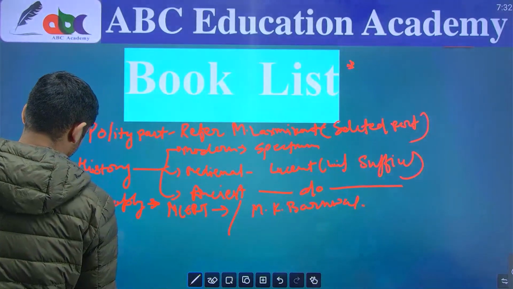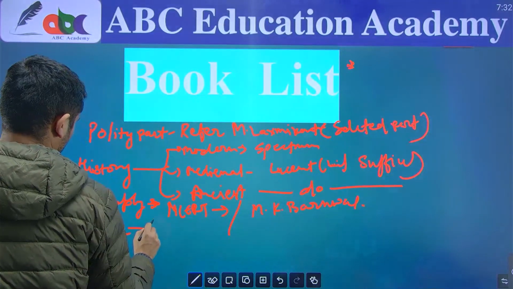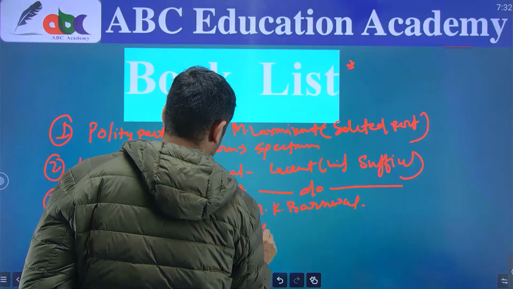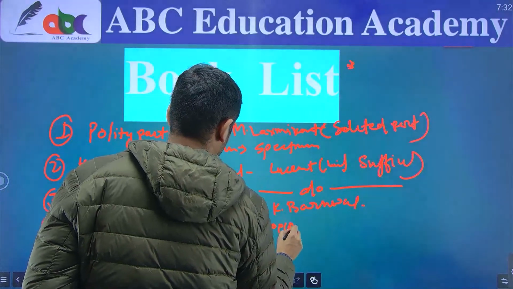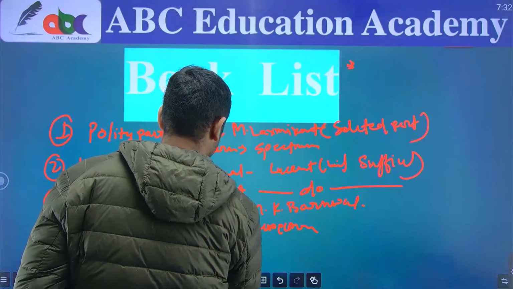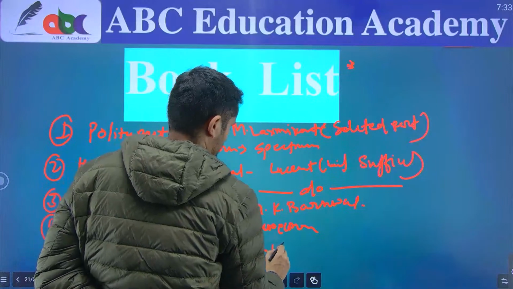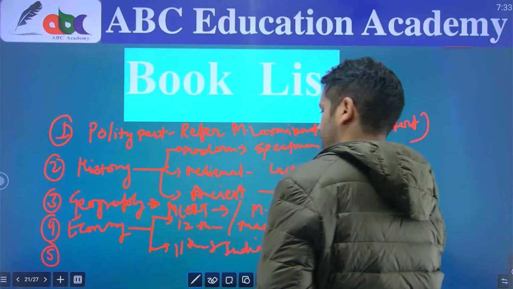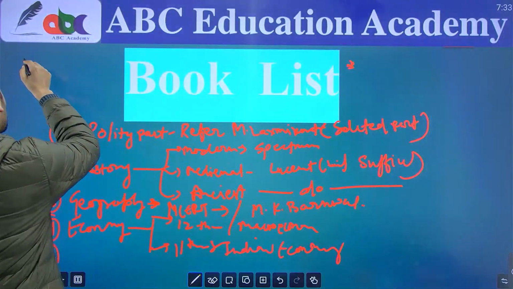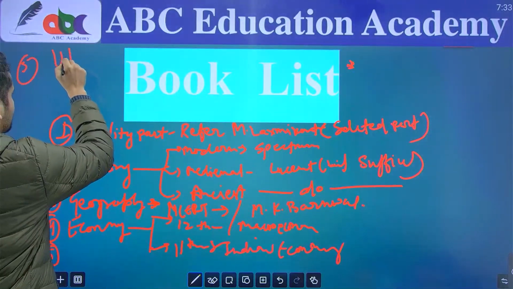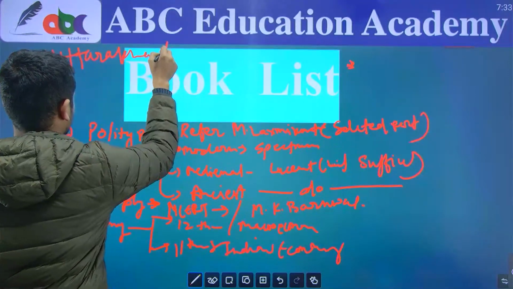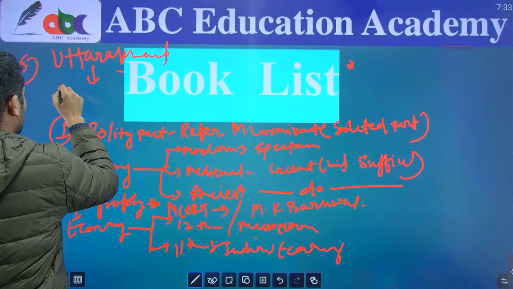Economy, class 12 macroeconomics, and 11th class Indian economy. And most important, that is for Uttarakhand, you can refer Ajay Rawat.